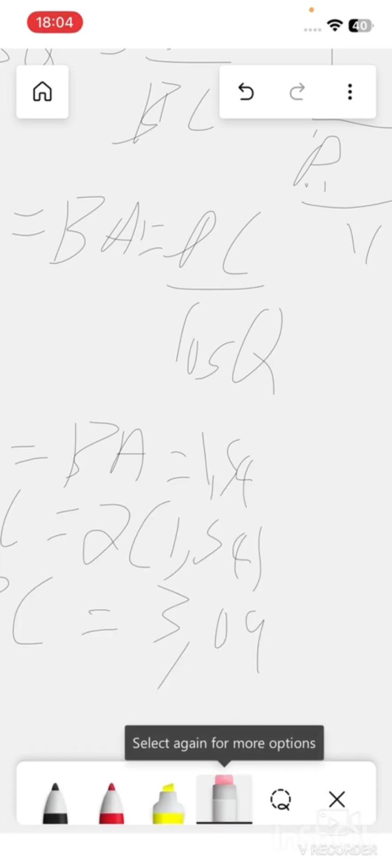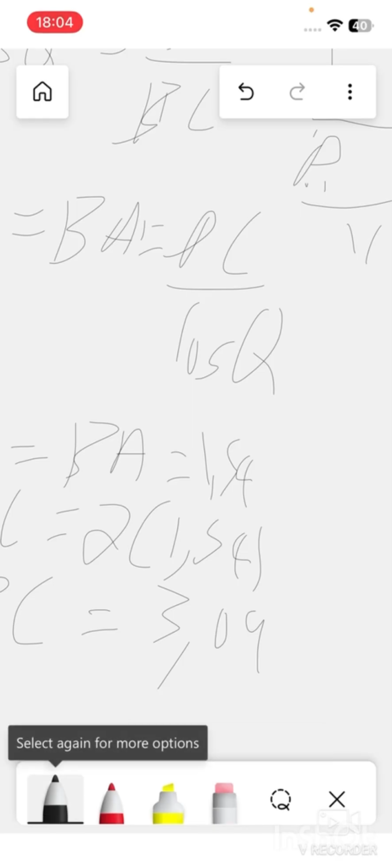Let me draw this meters nicely. Meters. Yeah, that is that, guys. We are done with this problem. I hope you understand, and I thank you.